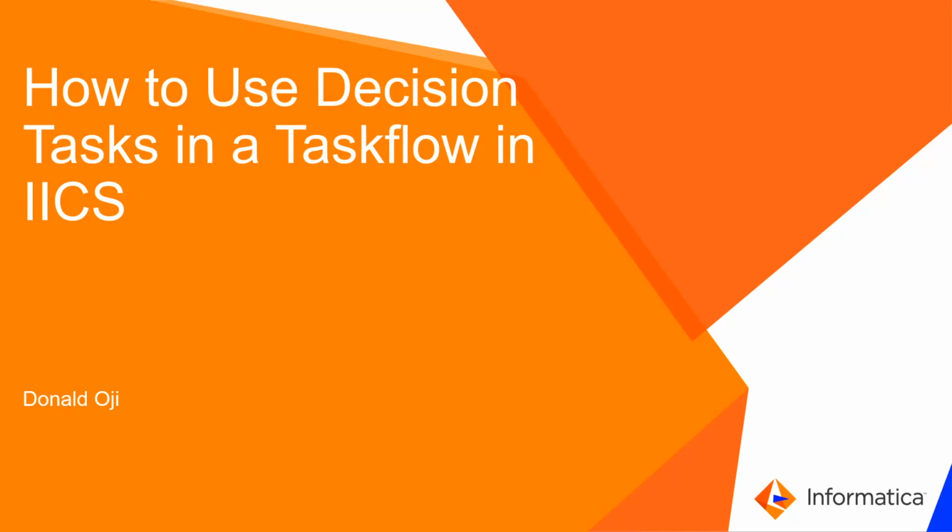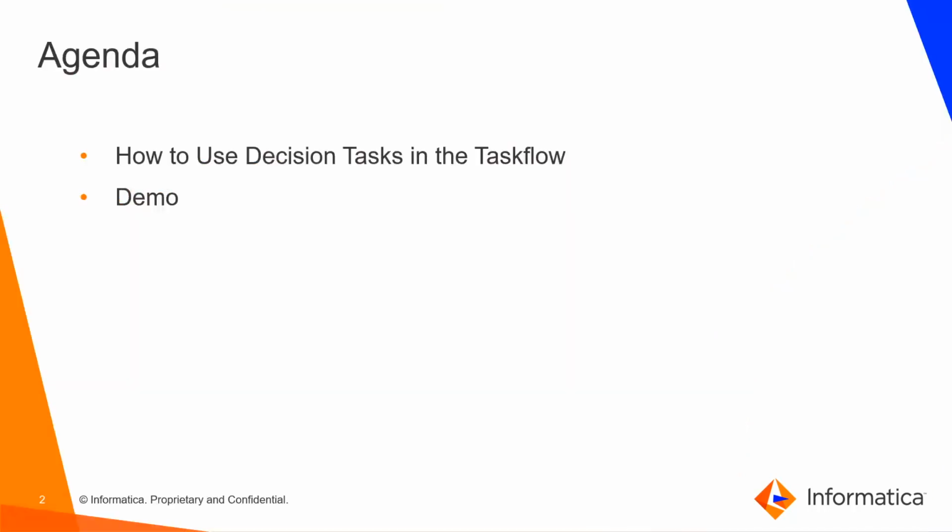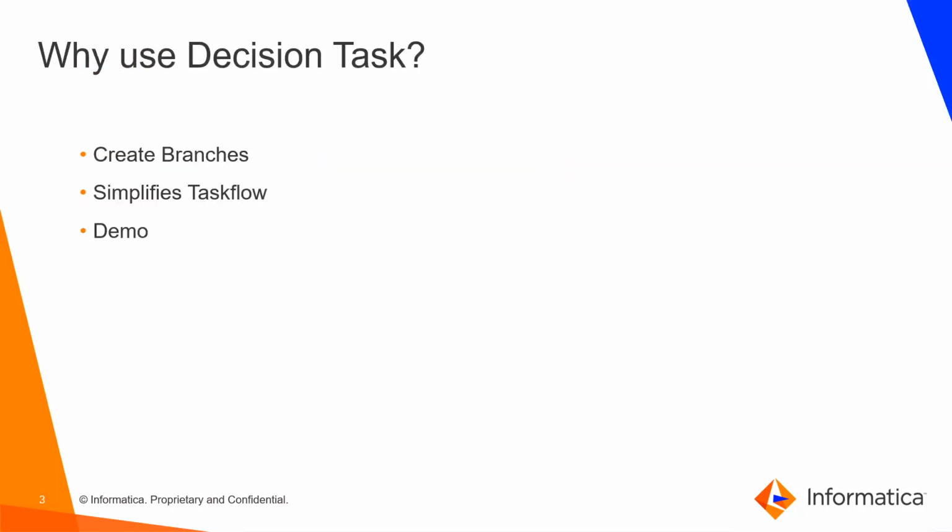My name is Donald OG and today's topic is on how to use a decision task in a task flow in IICS. So today's agenda is basically how to use decision tasks in a task flow, followed by a brief demo. So why use decision task?